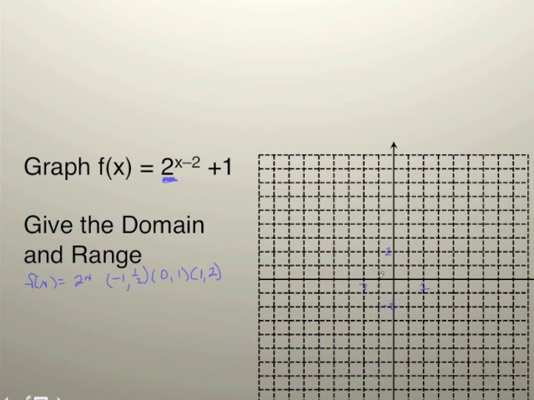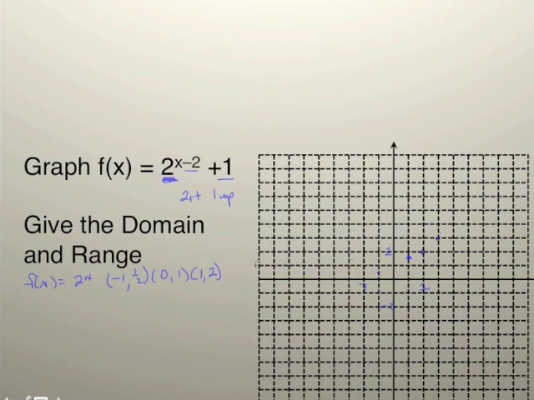So -1, 1/2 would be right here, but we're moving this graph to the right with this and 1 up with this plus 1. So from this point we go 2 right and 1 up. We're right here. 0, 1 would be this point. From there go 2 right and 1 up. 1, 2 would be here, 2 right, 1 up would be right here.